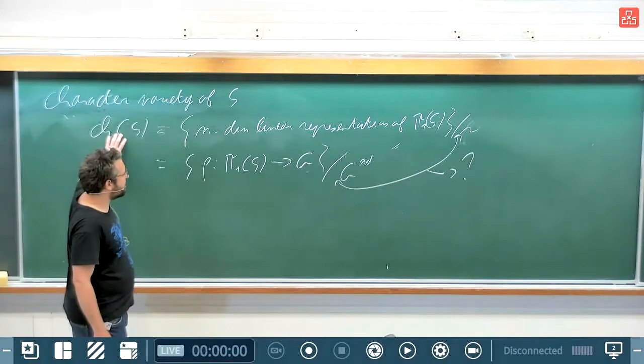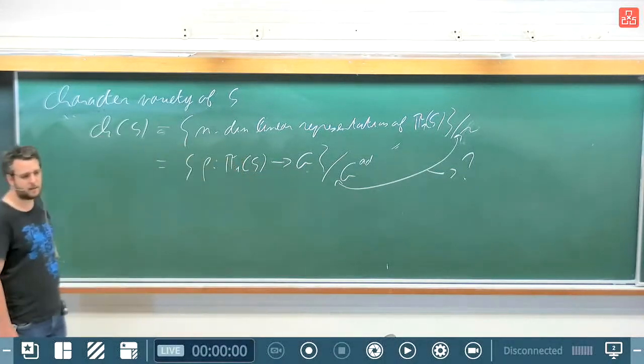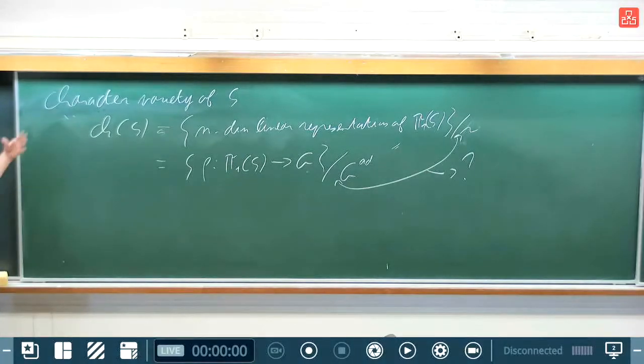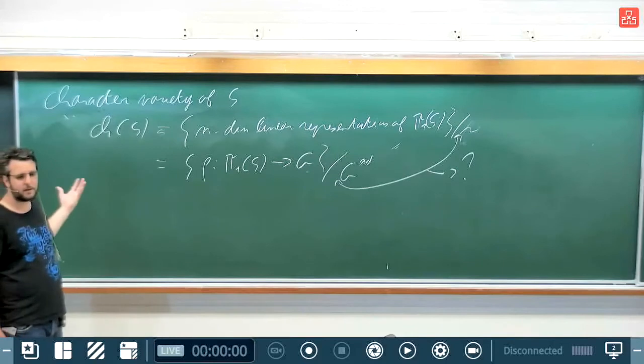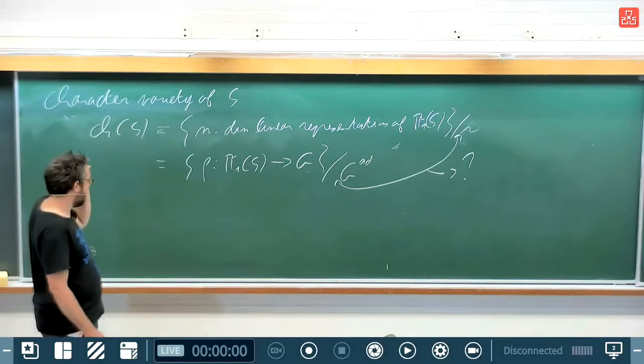One of the original motivations, if you replace the fundamental group of S by any discrete group, is to have geometric ways of studying the representation theory of infinite discrete groups. If you're working with a finite group, you just have to study the set of characters, but for an infinite group, this is a variety of characters, basically.